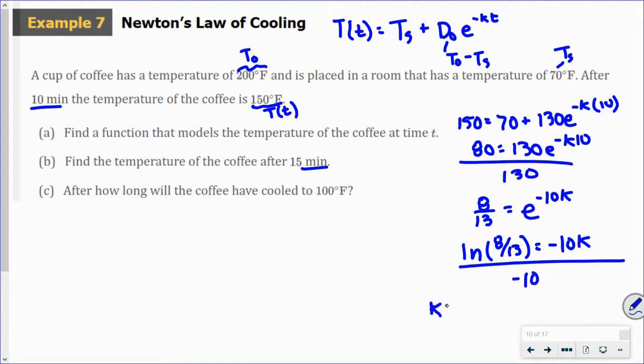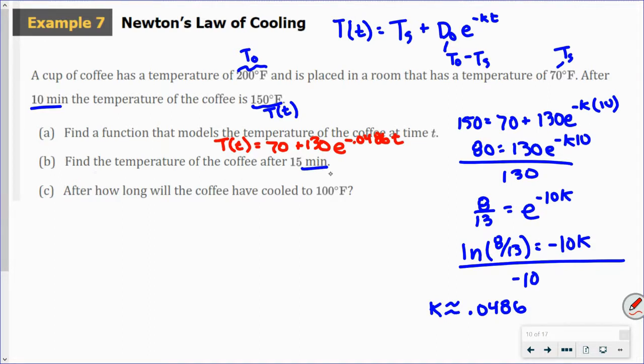And K is about 0.0486. Okay, and that's different for every item that you have. So find a function. Our function here would be T of T equals 70 plus 130 e to the minus 0.0486 T. Okay, so we need T in there.